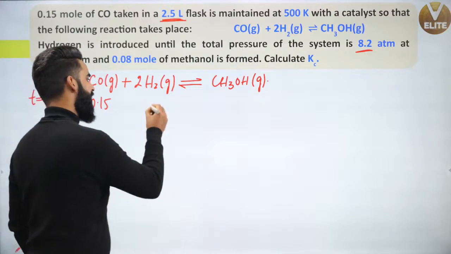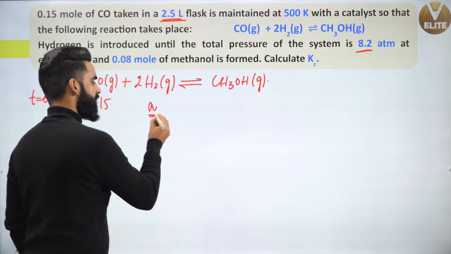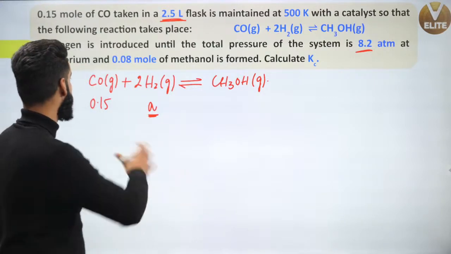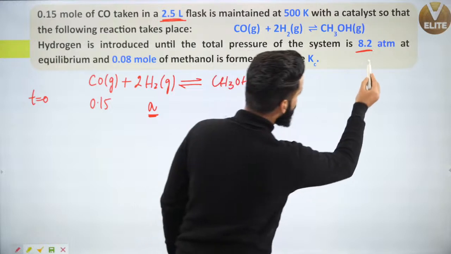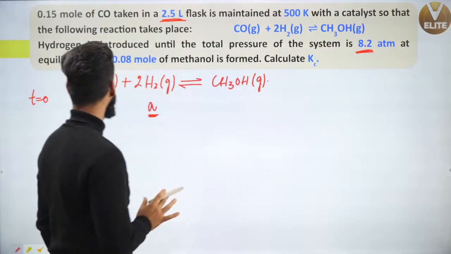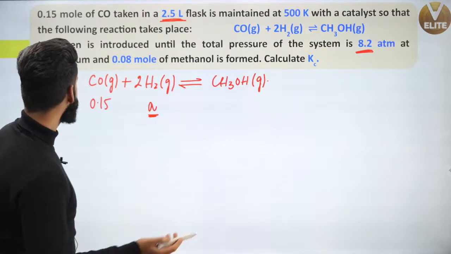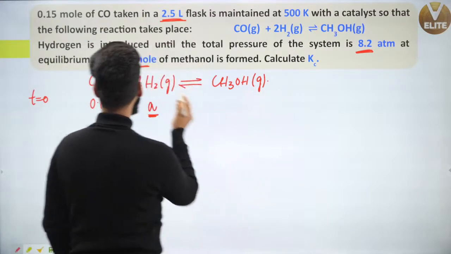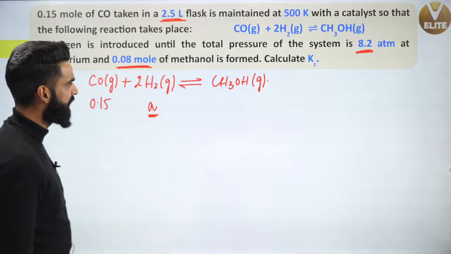For example, I have added A moles of hydrogen gas, and after adding A moles, the total pressure at equilibrium became equal to 8.2. And 0.08 moles of methanol is formed at equilibrium.